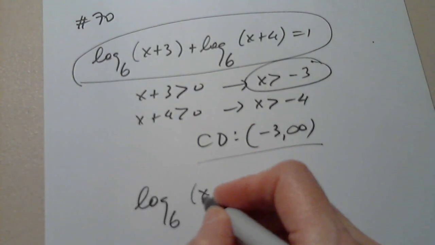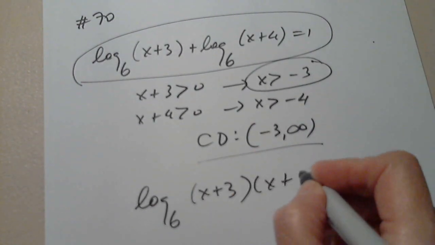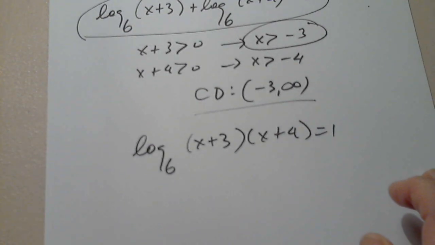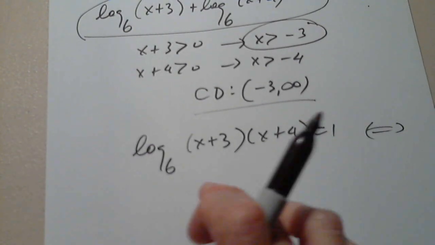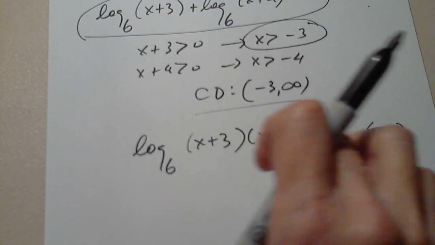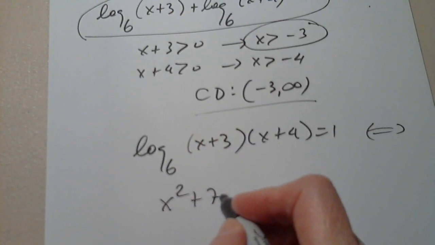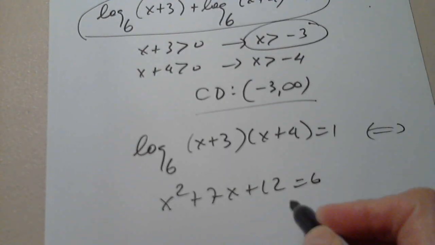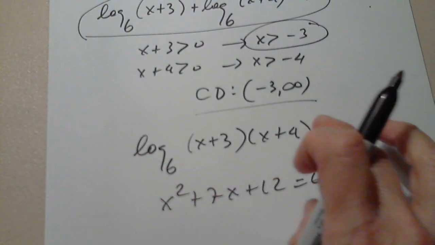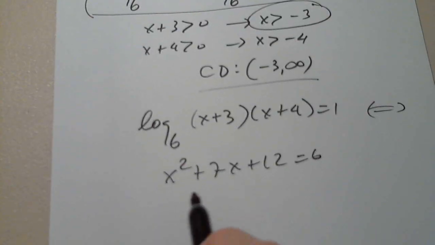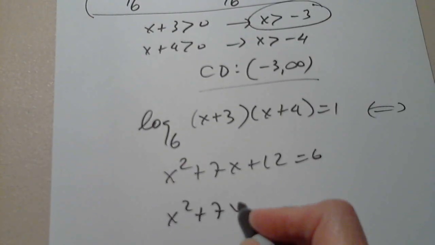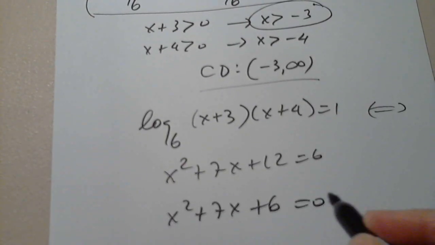So log base 6 of x plus 3 times x plus 4 equals 1. This is equivalent to 6 to the first power equals this. So I will distribute: x squared plus 7x plus 12 equals 6. So now x squared plus 7x plus 6 equals 0.